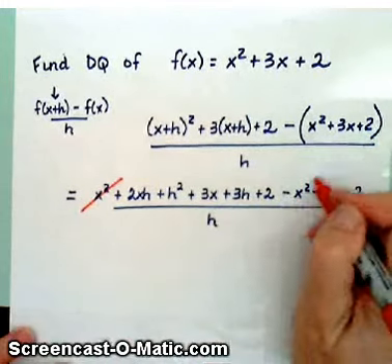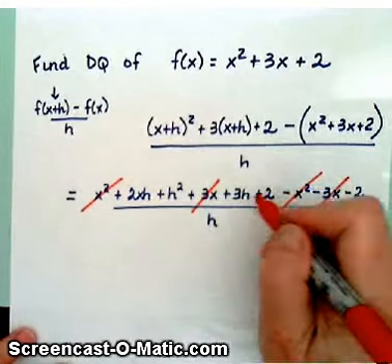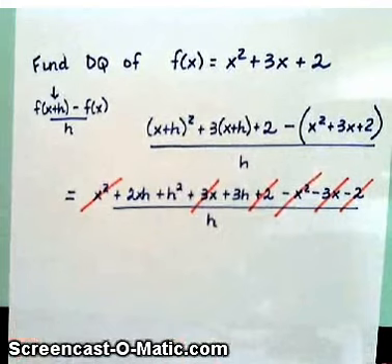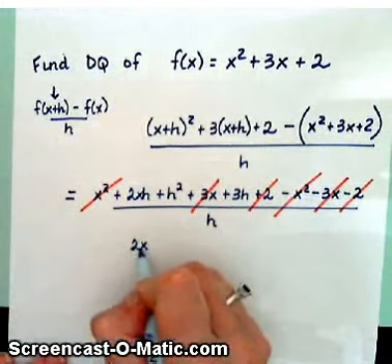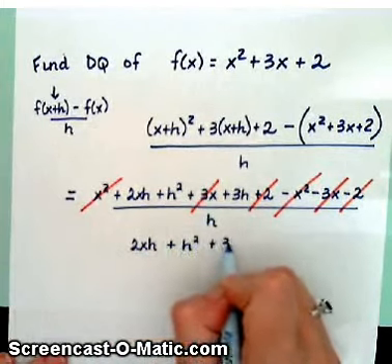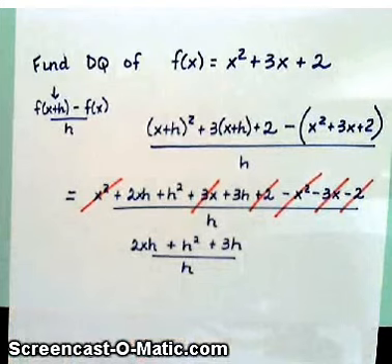Let's clean up. Here's an x squared and here's a negative x squared. Here's a positive 3x, here's a negative 3x. Here's a positive 2, here's a negative 2. I'm left with, it looks like, 3 parts: 2xh plus h squared plus 3h, and all that's divided by h. Now you know how this works.